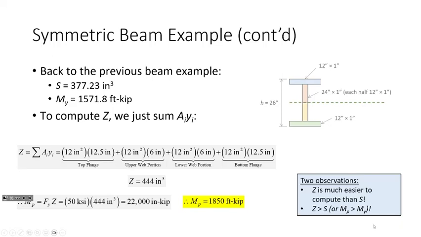Area of that upper web, how far it is. Area of the lower web, how far it is. Take that, multiply it by 50 ksi, boom. That's it. Much easier to compute a plastic moment than it is a yield moment. Much easier. And I'll show you how that works here in a bit. Does that concept make sense?